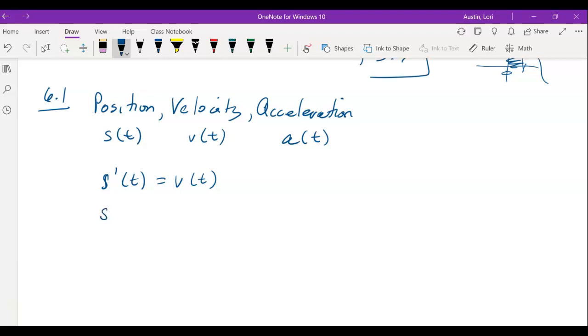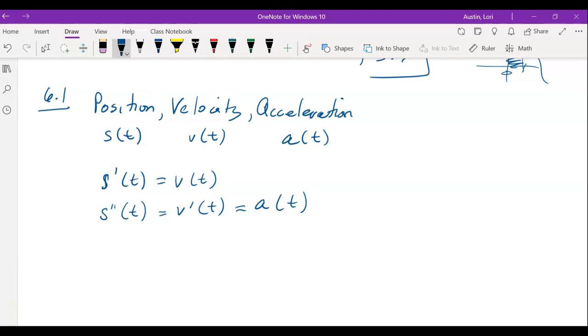If you take the second derivative of the position function, that is the first derivative of the velocity, which is equal to what? That's it. So, all we're going to do is go backwards.